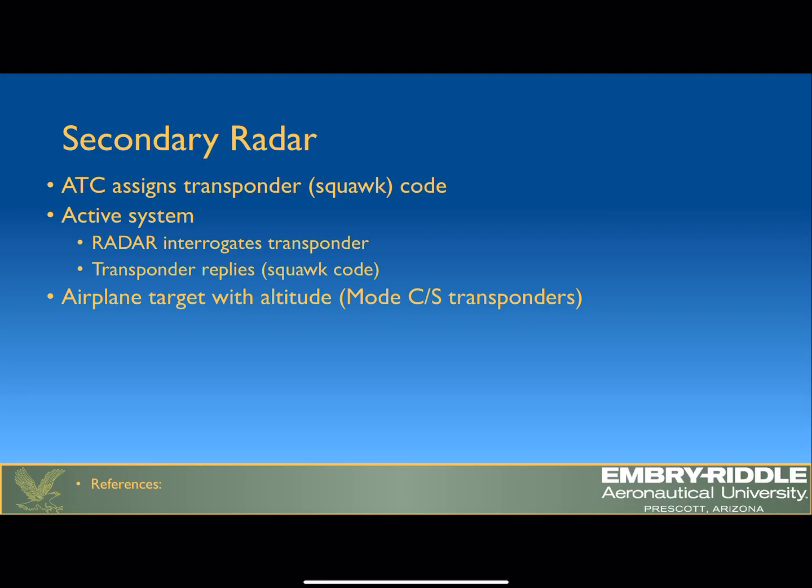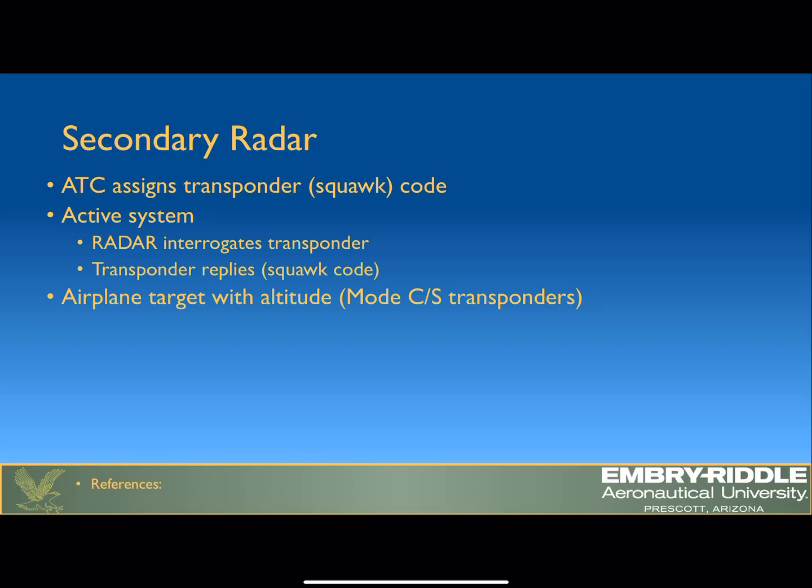Secondary radar, again, is what ATC uses to identify your transponder. This is why they tell you to enter a transponder code, so that they can identify you. It is an active system. The secondary radar will interrogate the transponder. It sends a signal to the transponder, basically saying, hey, identify yourself.